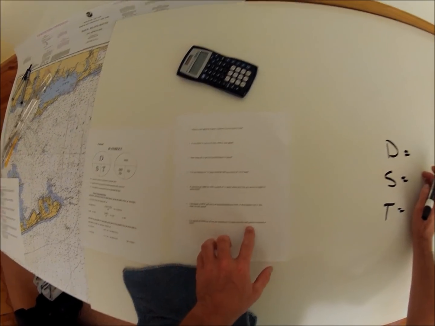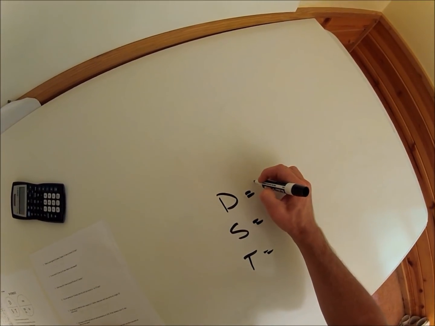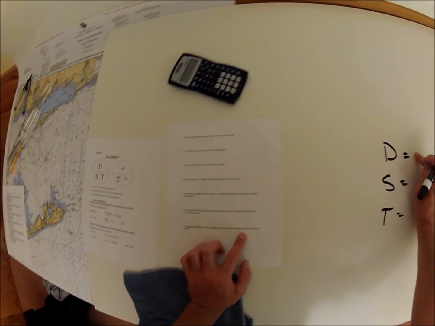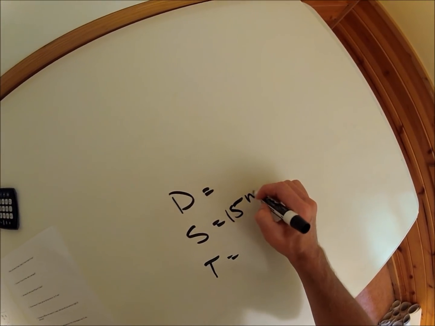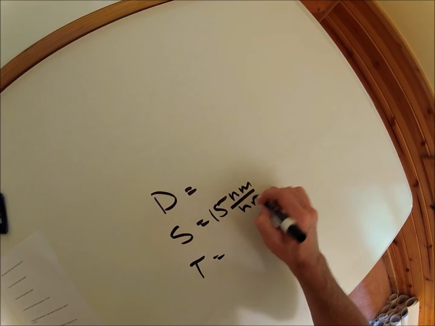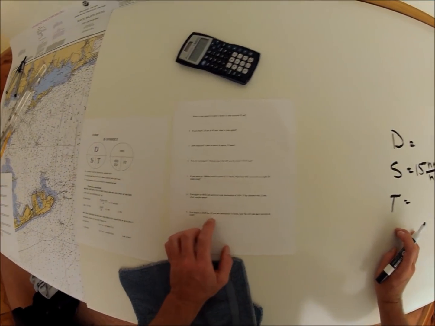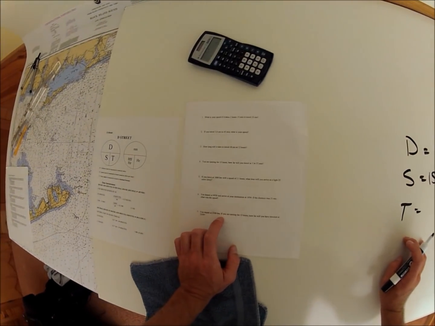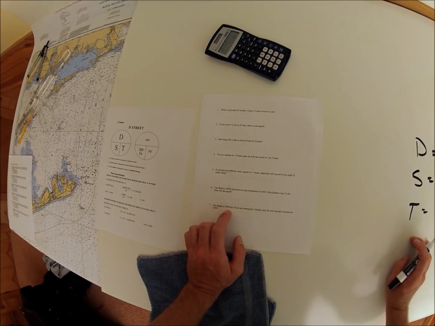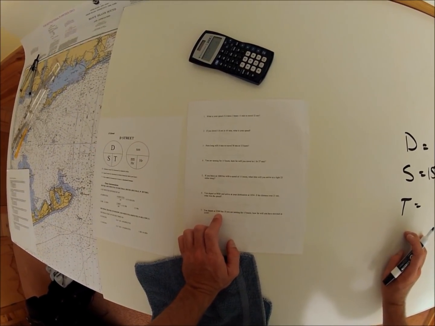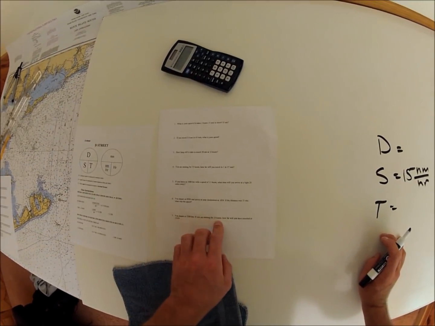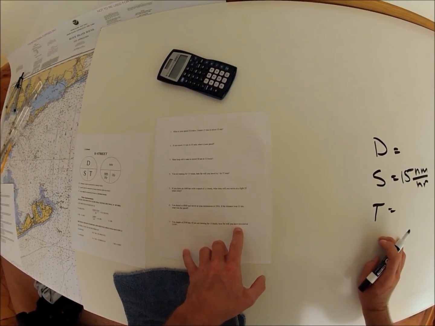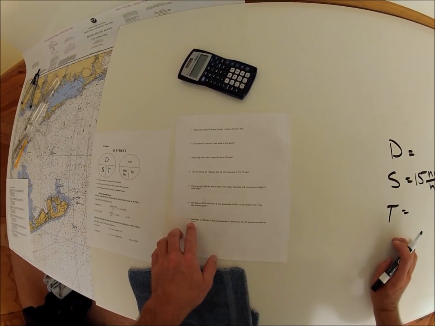Distance. How far will you travel? This is the one we're trying to find. Speed, 15 nautical miles per hour. Time. So we need to find the time, right?